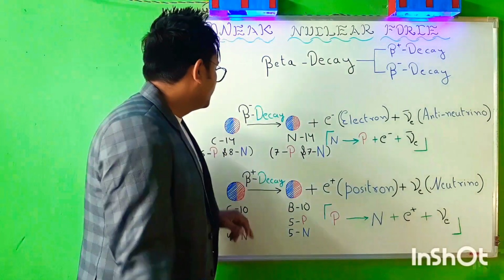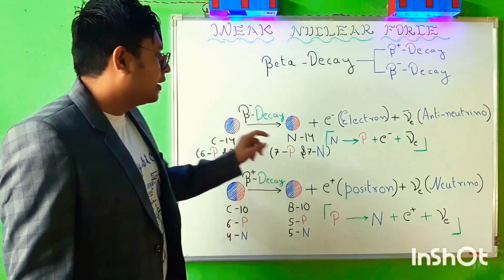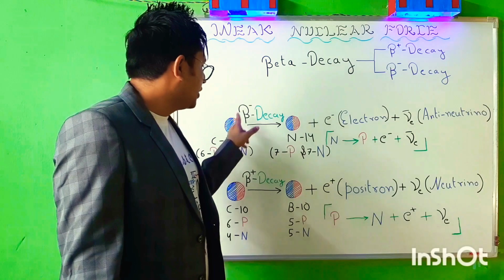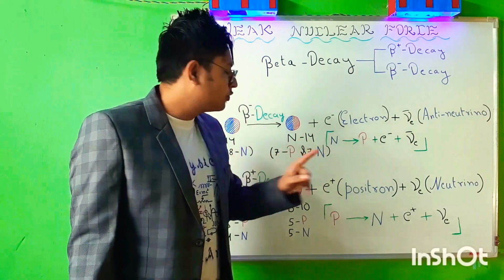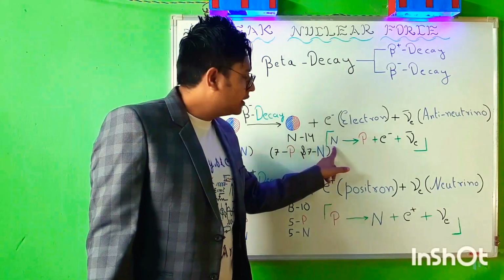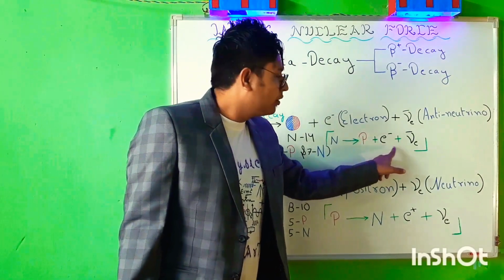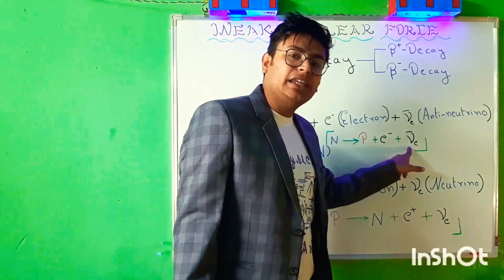So in the case of beta decay, let me take this picture in a more precise way now. A neutron is changing into a proton, giving us an electron plus an antineutrino.